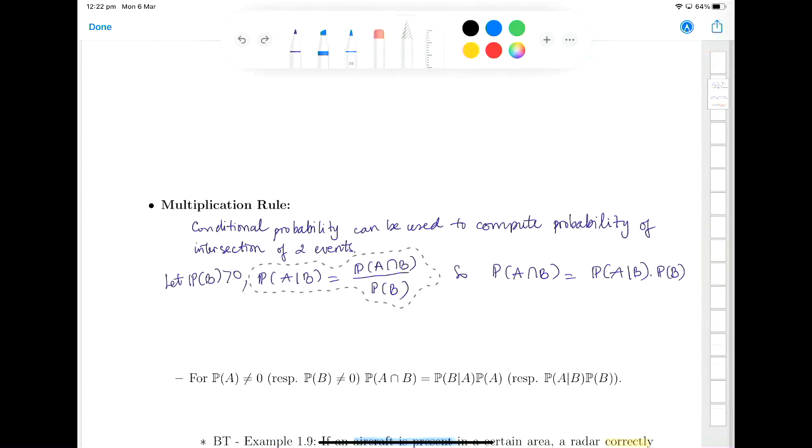Then multiply both sides of this equation by probability of B. Then we have probability of A intersect with B equals probability of A given B times probability of B. It means that if they give you the probability of B and you know probability of A given B, you can compute probability of A intersect with B.